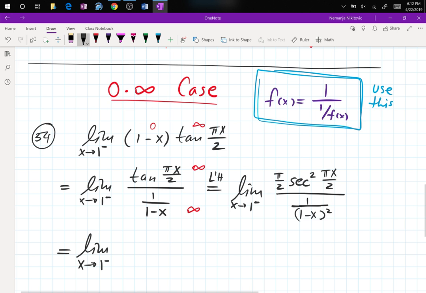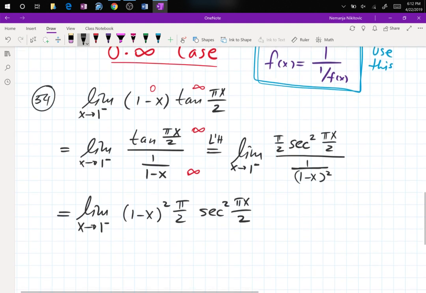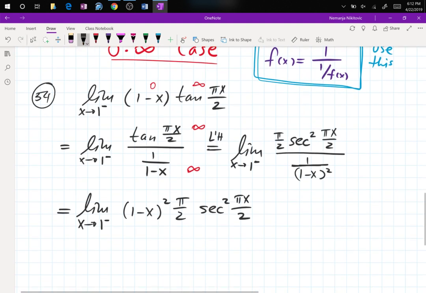This 1 minus x squared will go there. Then I still have this pi over 2, secant squared pi x over 2. And when you plug in, this is going to be a 0 over here. And then secant, because it's a cosine, still infinity, so we haven't achieved anything. Right?